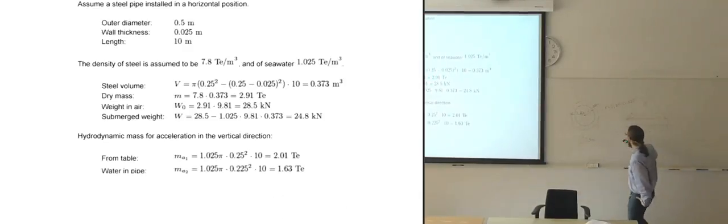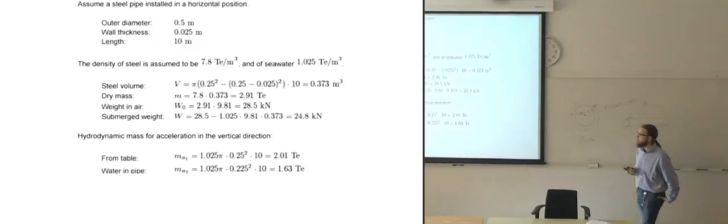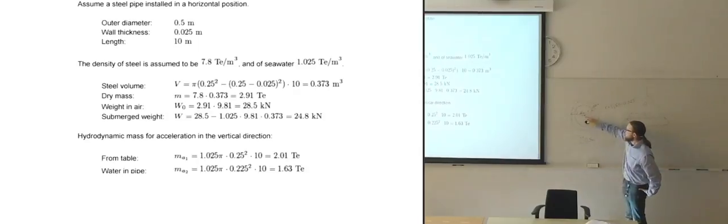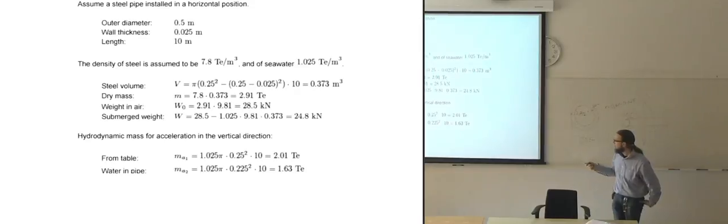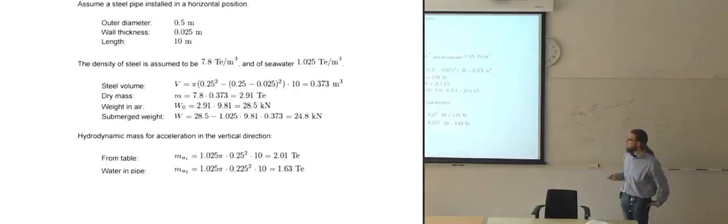But then we also have to remember that the pipe is hollow, so we have water inside the pipe also, so we have to add that. And then we're using the internal radius to calculate the volume of it, because then we're only looking at the inside area here, where it's filled up with water. So that gives us well over 1.5 ton, that one also.